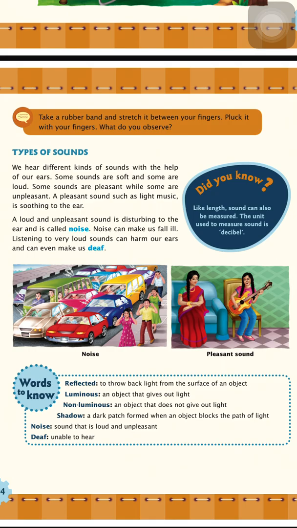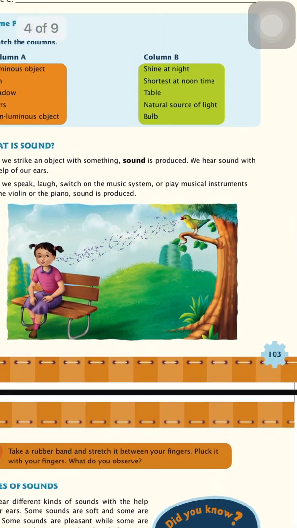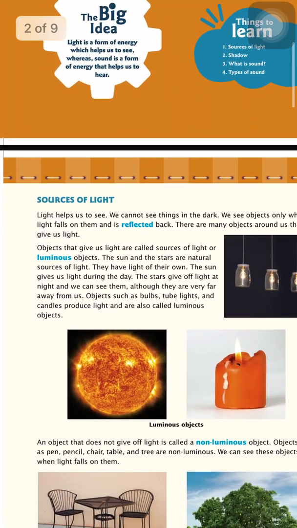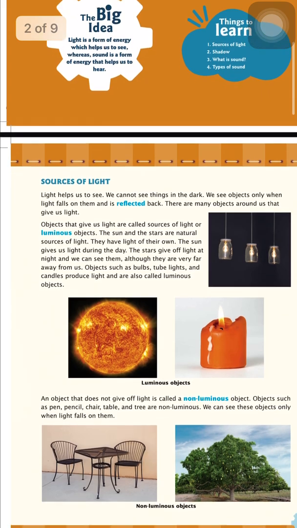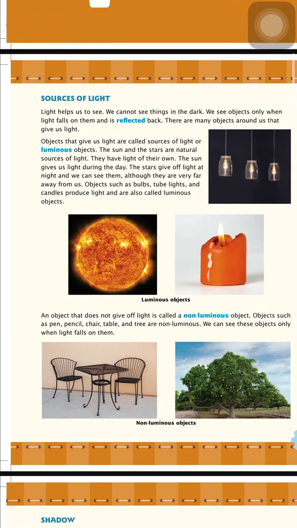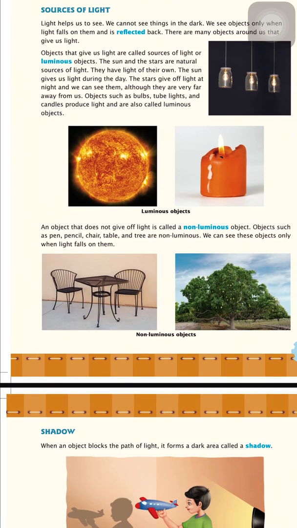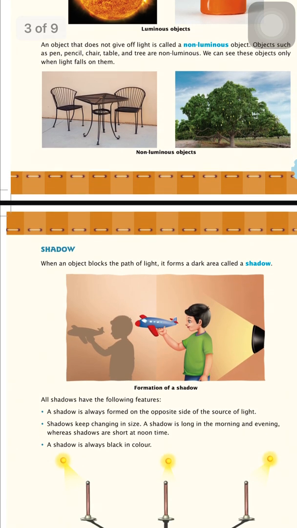So now we recall the chapter. Firstly we talked about the sources of light. Sources of light are differentiated into two forms, luminous and non-luminous. Luminous objects are those which have their own light, means objects that give us light, and non-luminous are the objects that do not give off any type of light.